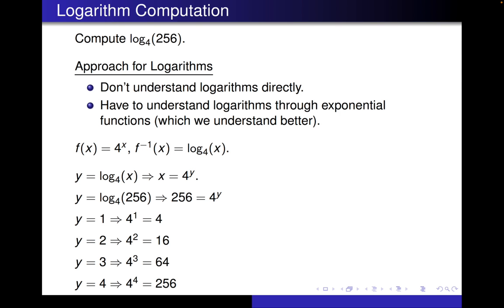Remember, our y was equal to log base 4 of 256. Since also our y is equal to 4, that tells us that log base 4 of 256 is equal to 4.